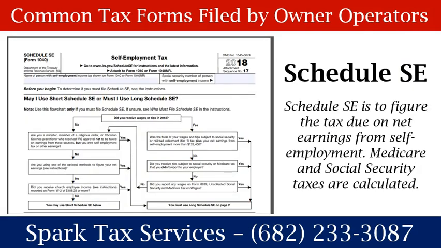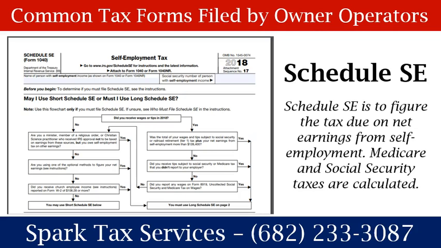Next is the Schedule SE. It says self-employment tax on the top of the schedule. It is used to figure the tax due on net earnings for self-employment. This is where, because on the W-2, if you've received W-2s before, you can see that some of the taxes withheld, not only is it the federal tax, but also Medicare and Social Security taxes as well. Well, as an independent contractor, businesses do not take that out.